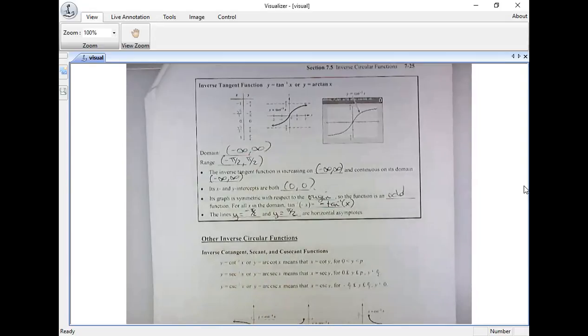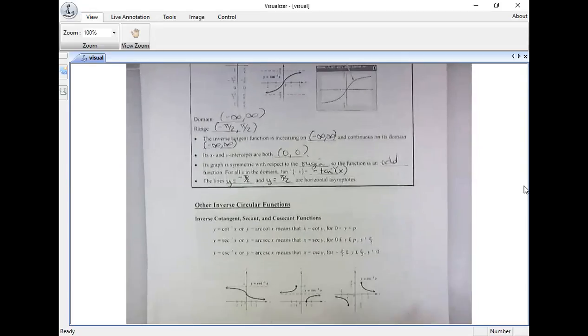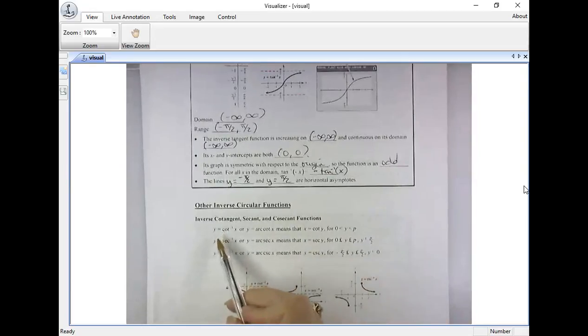Okay. Could we go through and figure out how to do the same thing with cotangent? Absolutely. But you get the idea of how you can develop these key features for each of these inverse properties. Now, this is just going to sum it up for us.